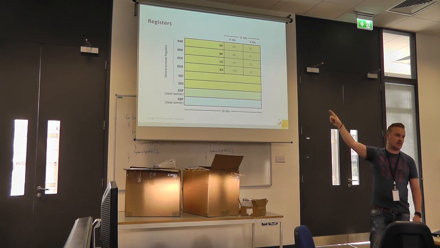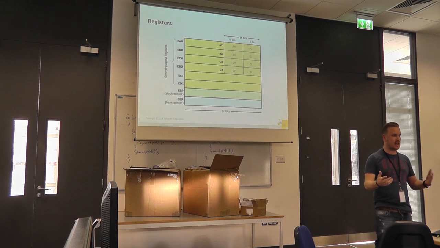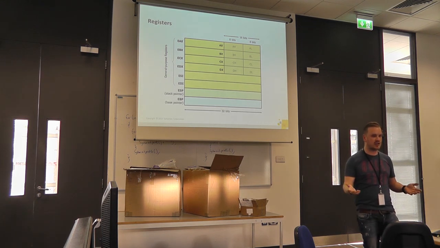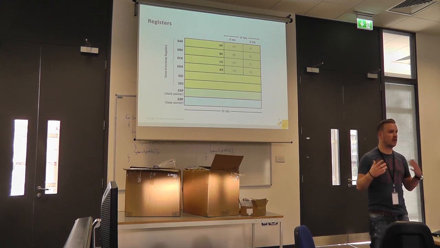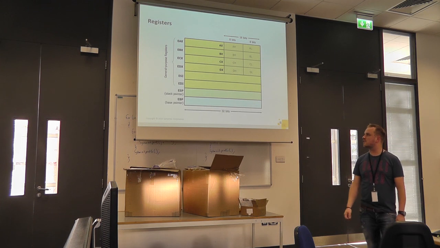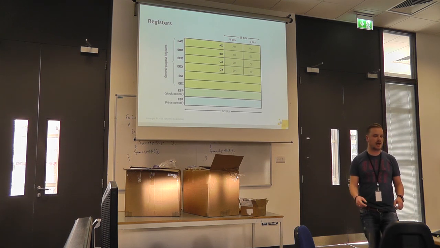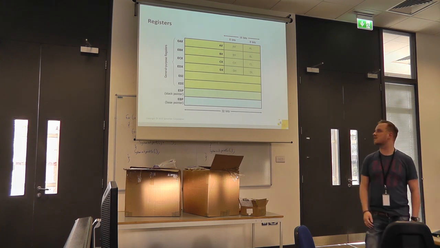The E denotes extended: back in 16-bit architecture it was just AX, BX, so they extended it to 32 bits and added the E. On 64-bit systems you'll even see them referred to as RBX, RAX, etc. ESI is the source index, usually where you get offsets and strings, and EDI is the destination index.